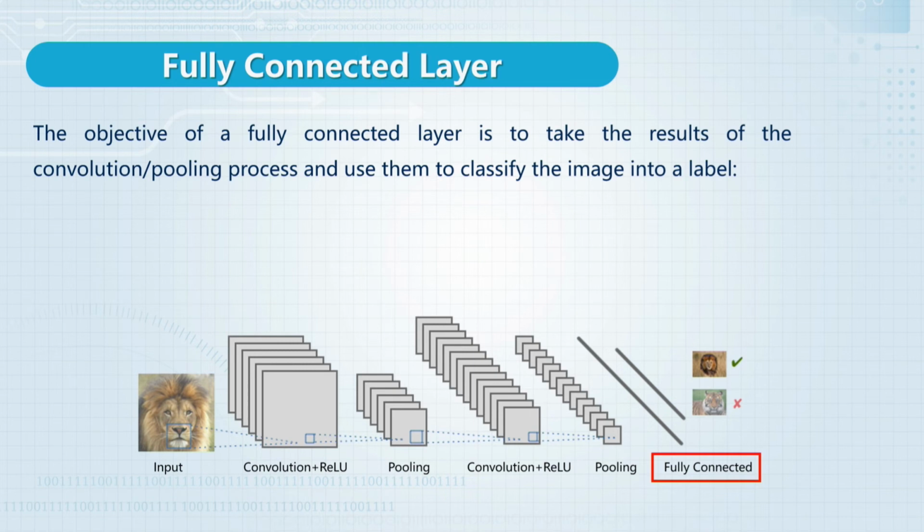The number of connections between layers is determined by the product of the number of nodes in the input layer and the number of nodes in the connecting layer. The objective of a fully connected layer is to take the results of the convolution or pooling process and use them to classify the image into a label.